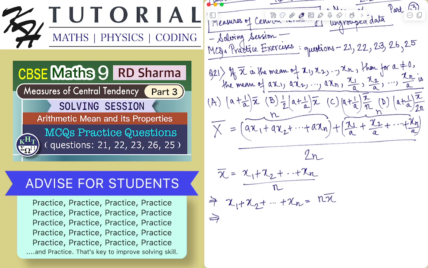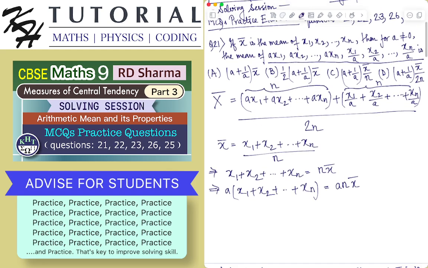Now in this equation, if I multiply both sides by a, I have a into x1 plus x2 up to xn is equal to a n x bar. Again, in this equation, if I divide both sides by a, remember that the constant a is given to be non-zero, so I can multiply.